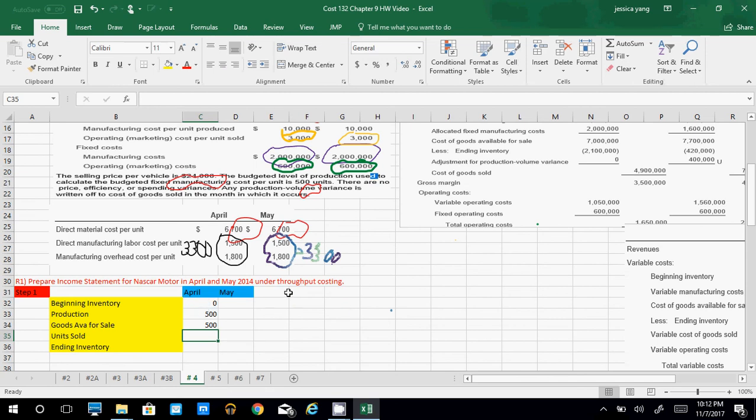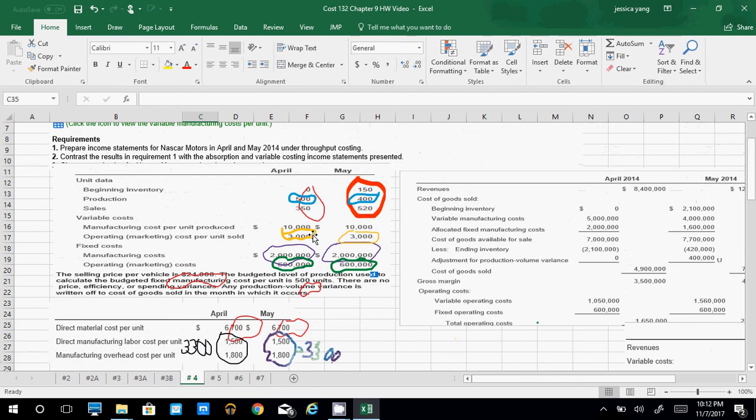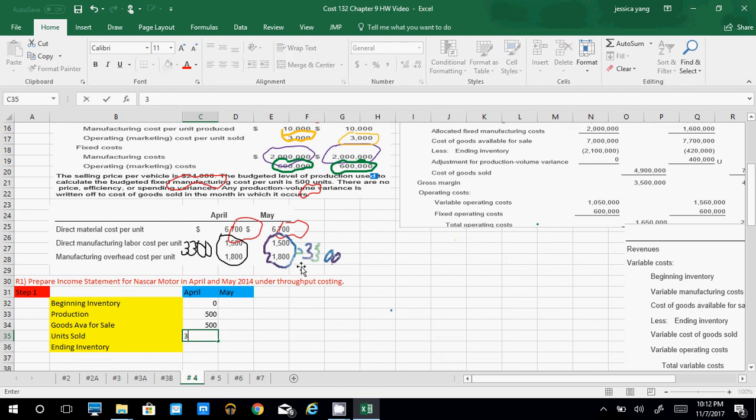Units sold in April is 350 units. To get ending inventory, we take goods available for sale and subtract units sold of 350, which leaves us with 150 units in ending inventory for April.